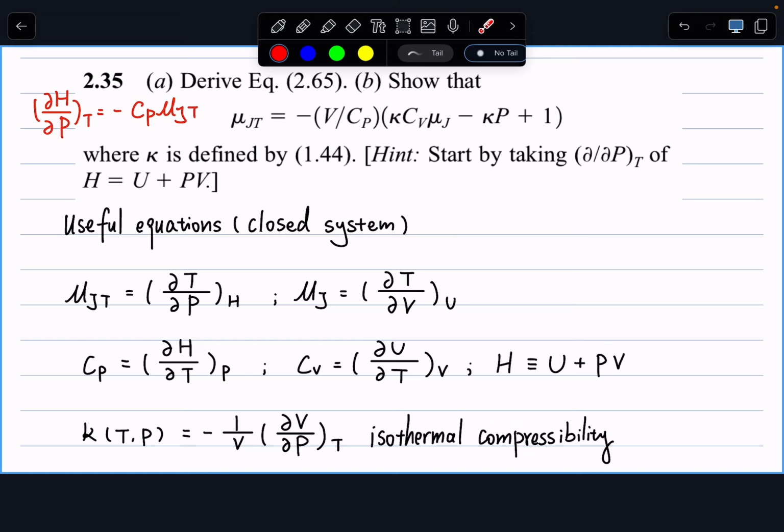So chi, isothermal compressibility, becomes negative 1 over v times dv over dp at constant t. Cv is du over dt at constant v. Mu j is dt over dv at constant u, and our volume just stays there.